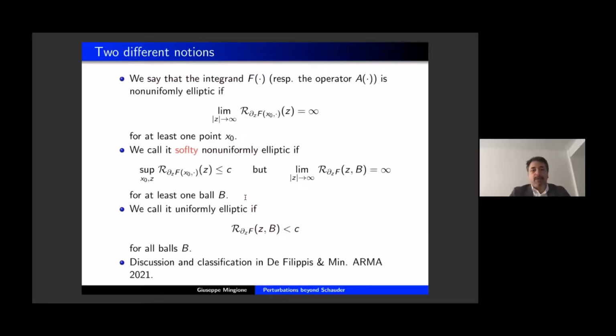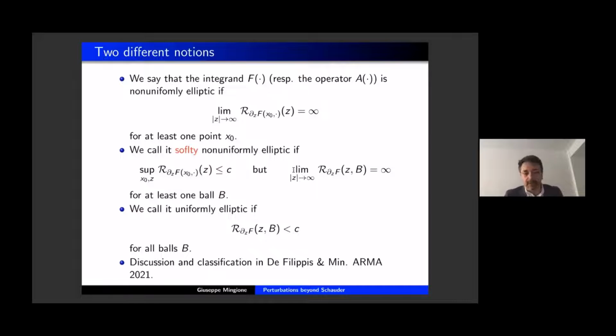Okay, from now on, we shall say that an integrand is non-uniformly elliptic in the classical sense if there exists at least one point where this ratio goes to plus infinity. We'll say that it's softly non-uniformly elliptic if it's pointwise uniformly elliptic. So you freeze and you get something which is bounded, but then you find at least one ball where the non-local ellipticity ratio goes to plus infinity.